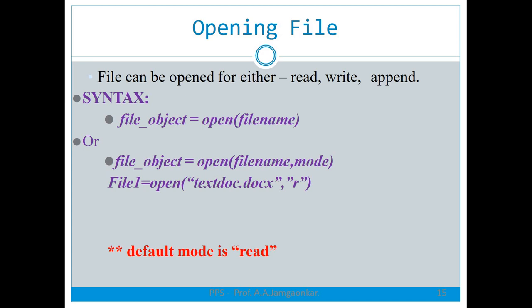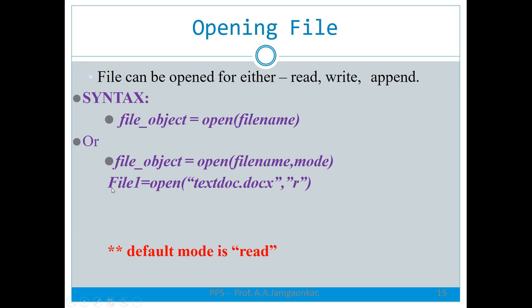If we are not providing the mode, the default mode for the open method is the read mode. Then the open method returns the file handler, and we have to store that file handler.